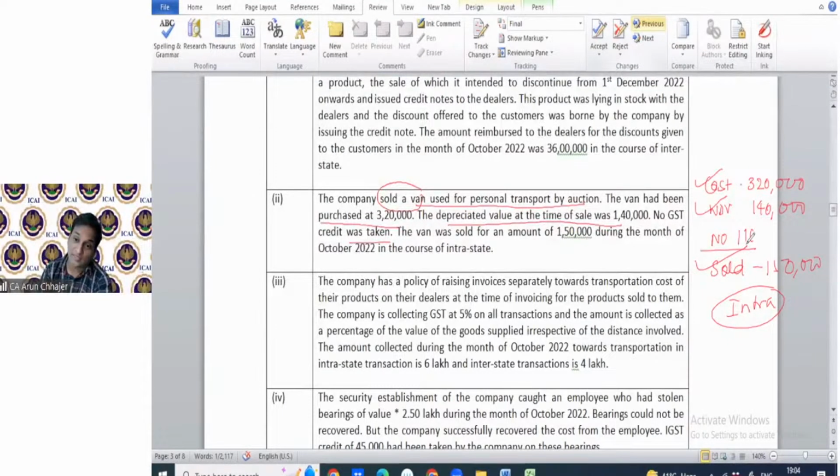GST to be paid on sales, entire 1,50,000. Entire 150. Okay. Any other point?